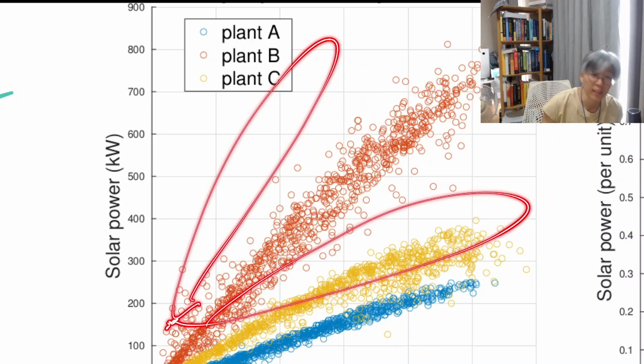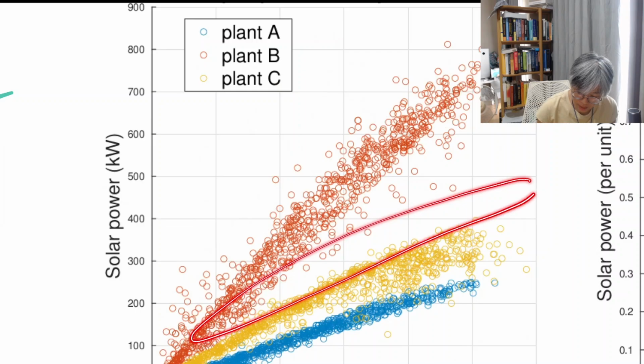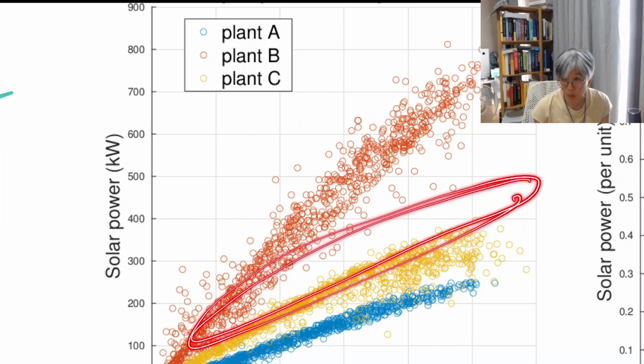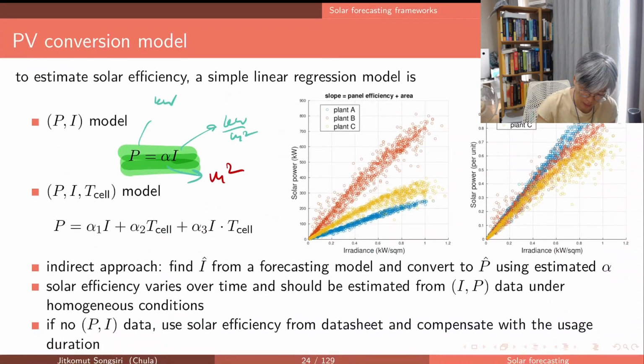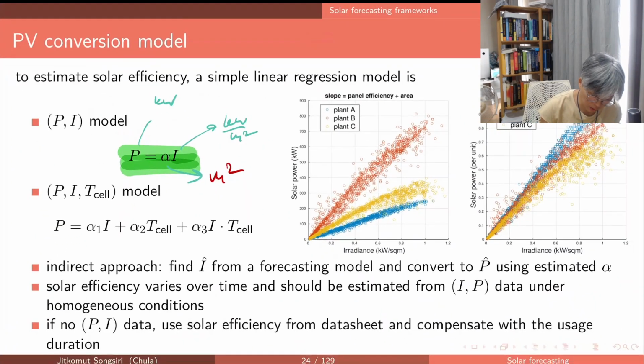Ten years later, the solar panel should be degraded, right? So the scatter plot should lie below. That's why I say efficiency is hidden in this scatter plot information.